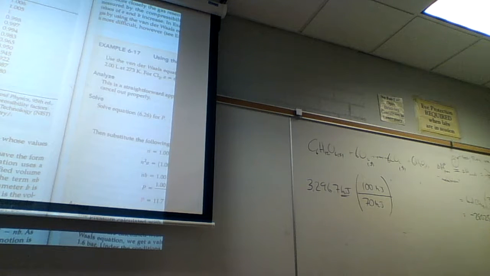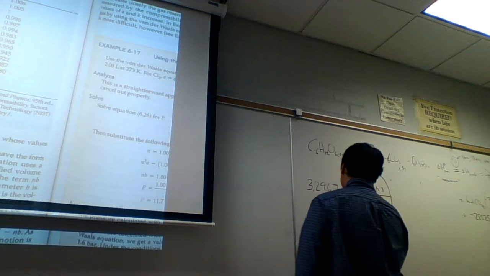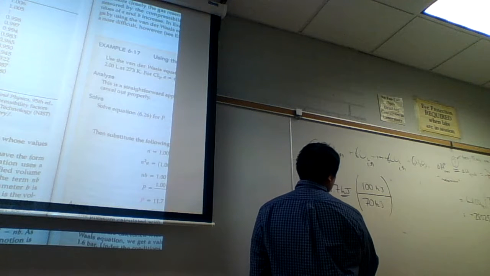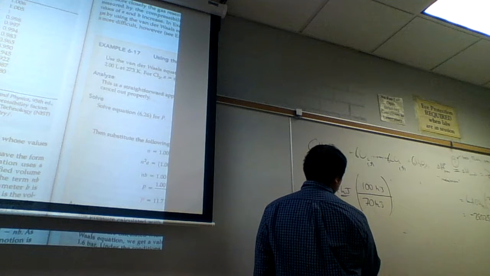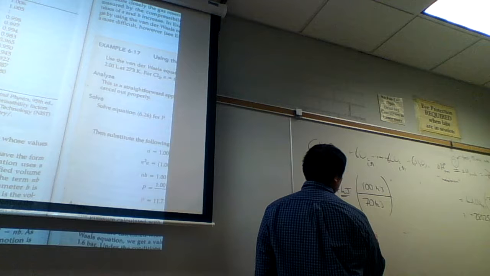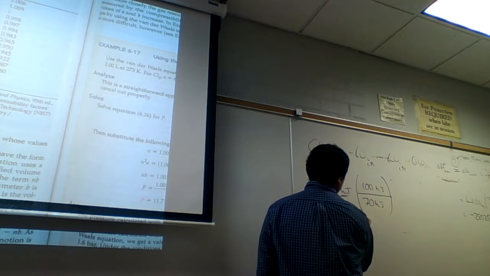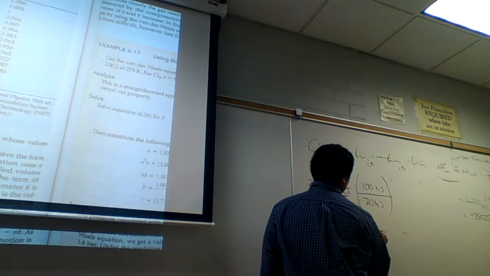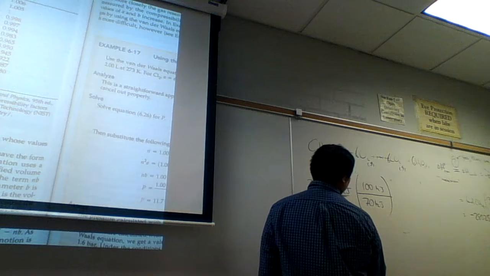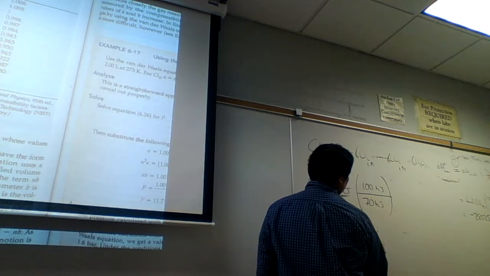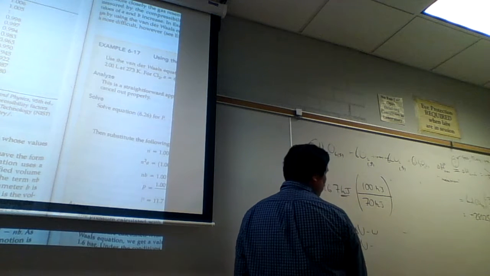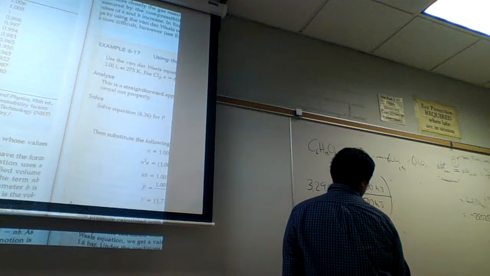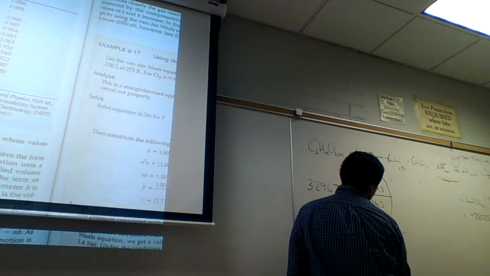Well, that means there are two works for this. What are the two work terms here? And so when I'm thinking about this, this is the way I'm thinking. Delta H is equal to Q, delta U minus the W. Well, in this case, the W is going to take on 2. We got the natural work of the chemical reaction, which is the P delta V work, and the climbing work.